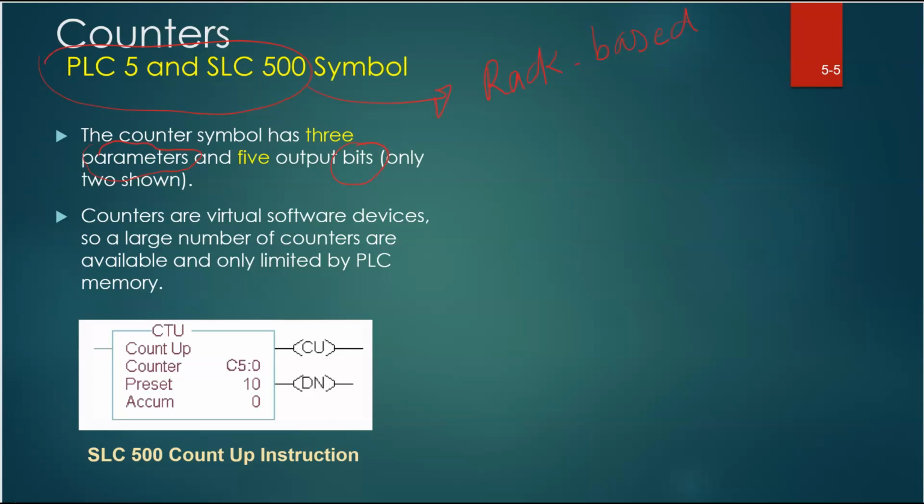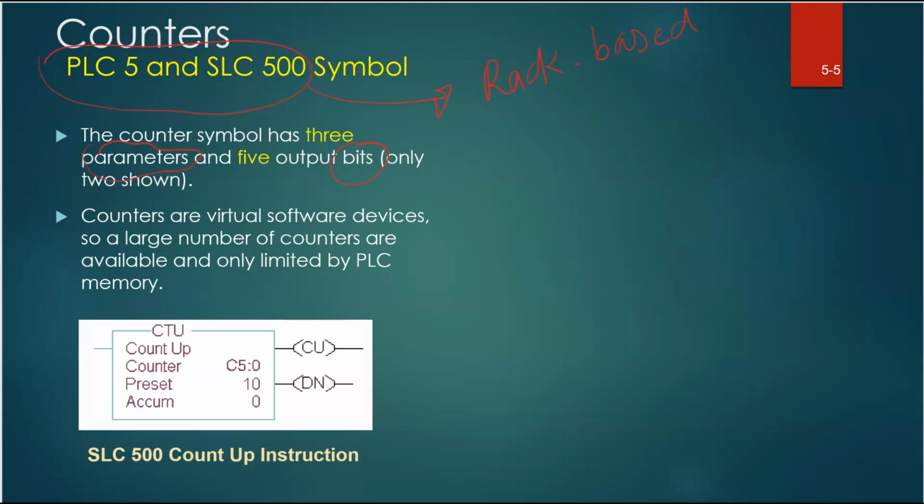It is clear that counter instructions are software instruction, so you can have a large number of counters in your program, and the number of counters you can use in your program is only limited by PLC memory. Here you can see 3 different parameters that you can set for your counter.